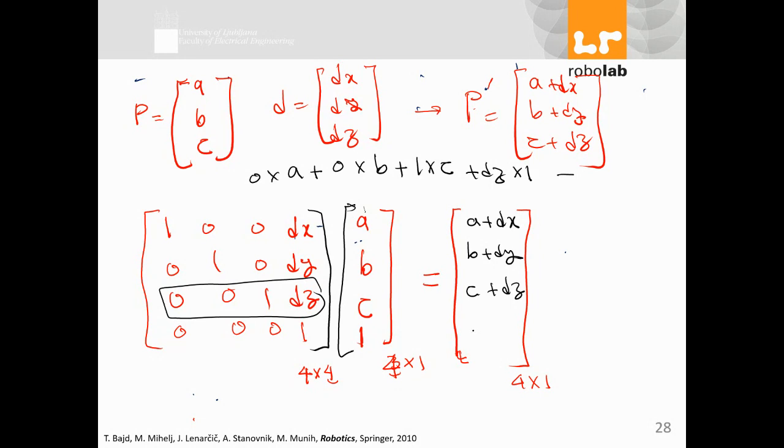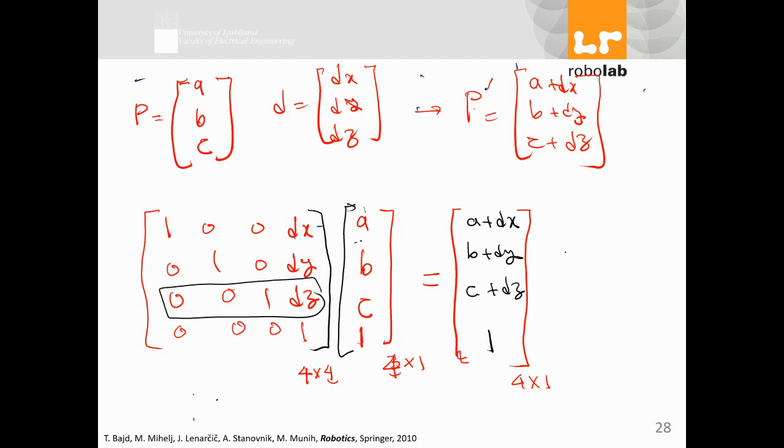It will be C plus dz. And the last element will be, yeah, Paul already gave the answer. Yeah, exactly. So 1. The beauty is the results.